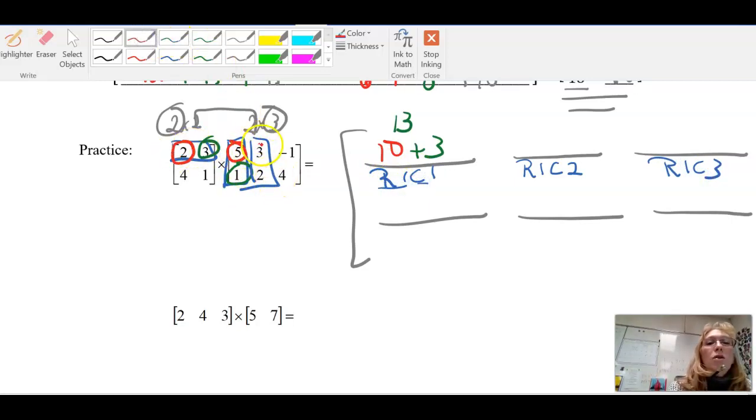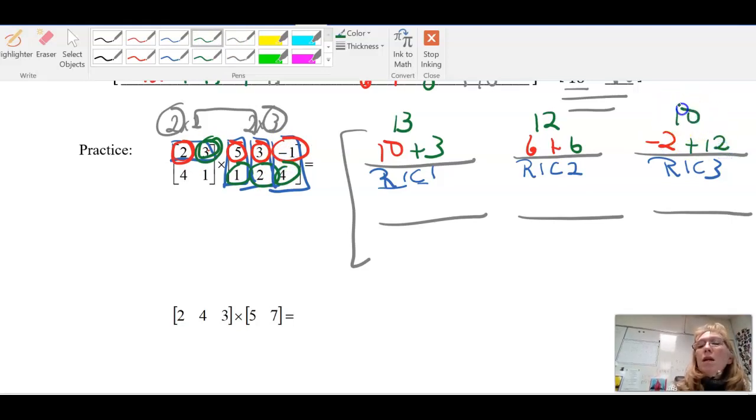So now I got to take 2 times 3, which is 6, plus 3 times 2, which is also 6, so this guy is 12. Now we have to take row 1 times column 3. So we're going to take 2 times negative 1, which is negative 2, plus 3 times 4, which is 12, and we get 10.